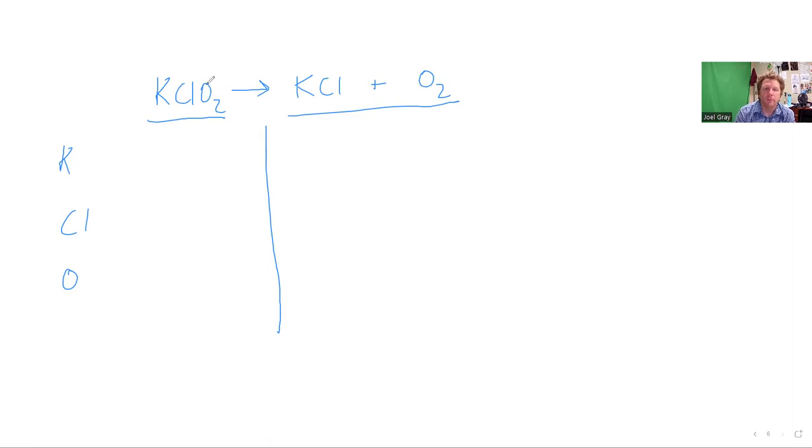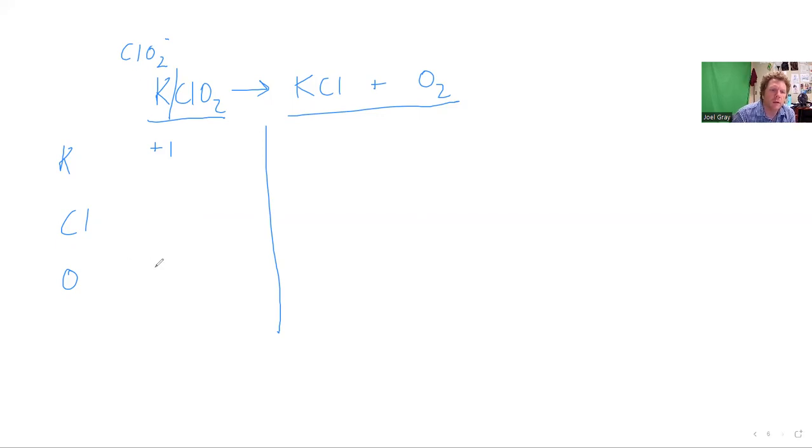Now, on the reactant side, we're forming an ionic compound, which is potassium chloride. And if you remember, potassium is in group 1 of the periodic table, so it's going to have an oxidation number of +1. We're left then with ClO2, which is going to have a charge of -1. Each oxygen is going to have a -2 charge.